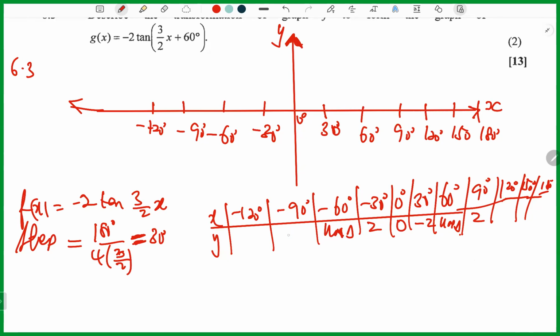Okay, at 30 degrees, it's going to be negative 2. Okay, so at minus 30 it's going to be 2.